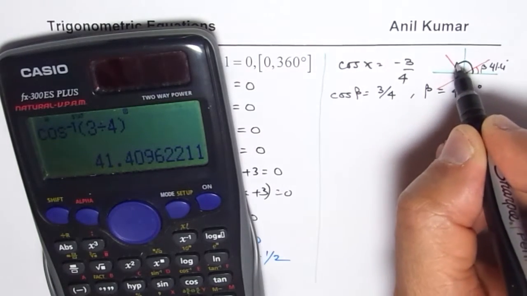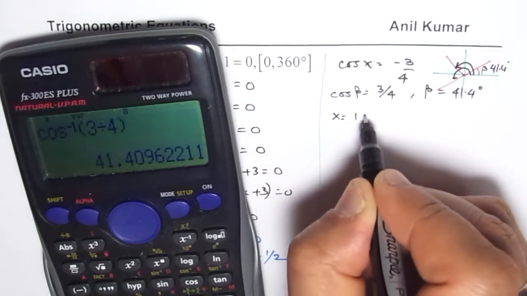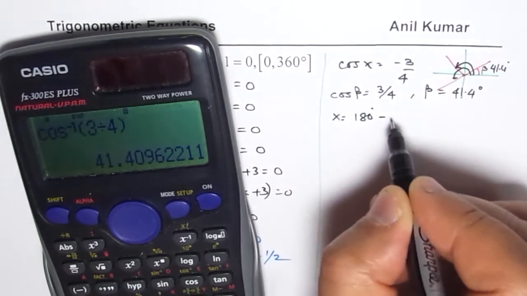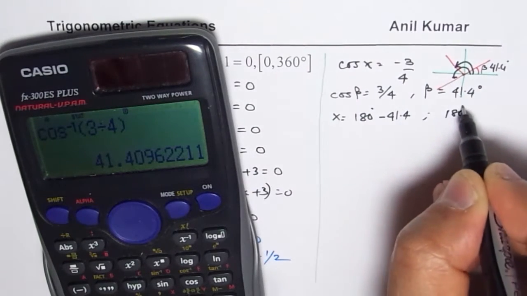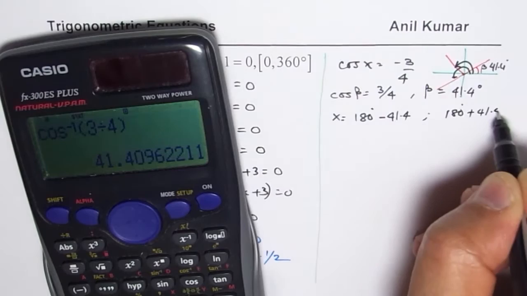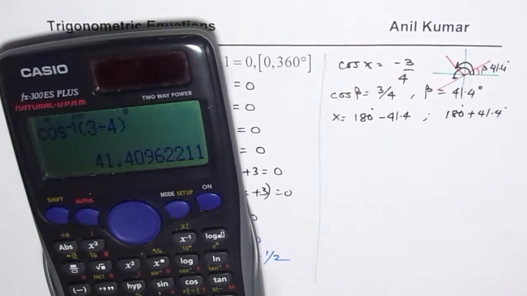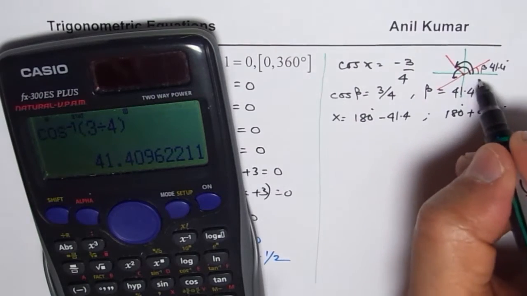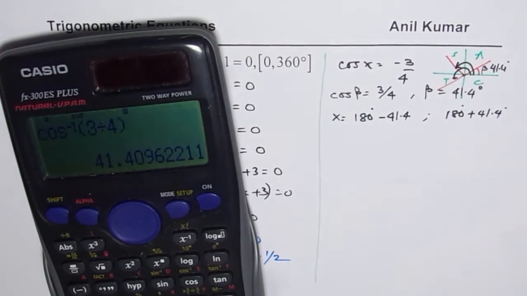So how much are these two angles? So x values will be 180 degrees minus 41.4, or it will be 180 degrees plus 41.4. Since it is negative, it has to be in quadrant 2 or 3. How do we get it? We get it from the CAST rule, right? So that is the rule. So cos is negative in these two quadrants.